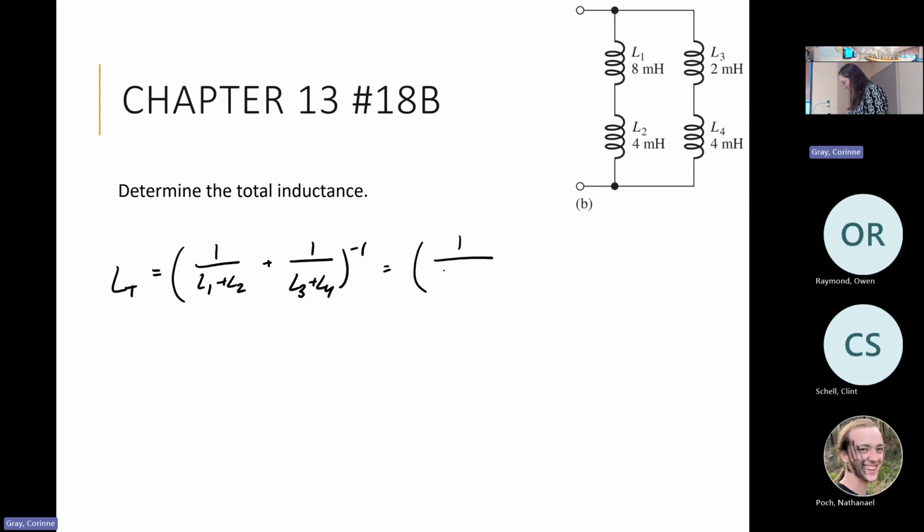So you could do 8 plus 4 plus 1 over 2 plus 4, inversed. All the values going in are millihenry, so our answer is going to pop out in millihenry. And this one happens to be, again assuming I plugged that in correctly, exactly 4.0 millihenry.